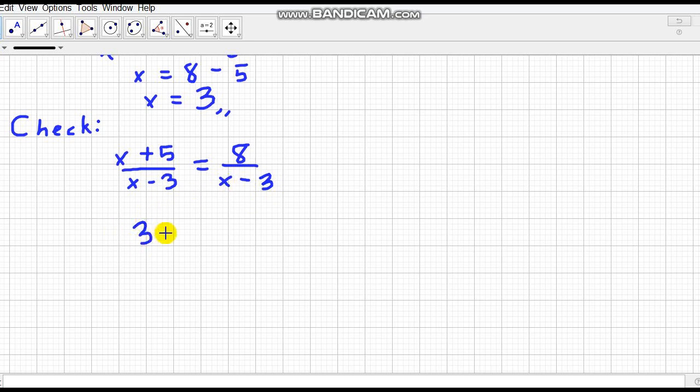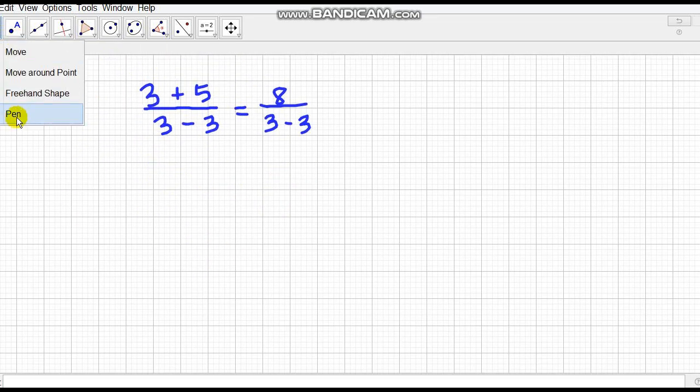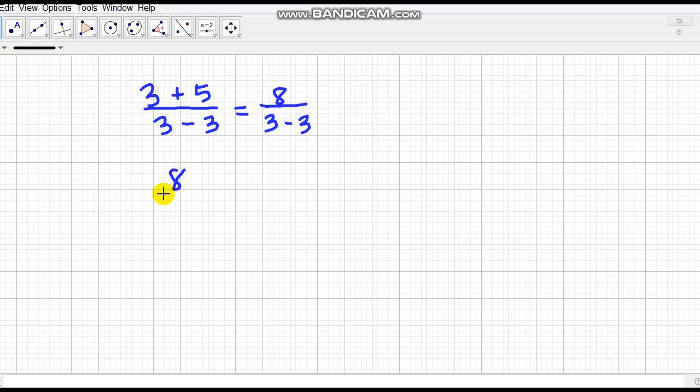So this becomes 3 plus 5 all over 3 minus 3 is equal to 8 over 3 minus 3. 3 plus 5 is 8, and 3 minus 3 is 0. So we arrive at 8 over 0 is equal to 8 over 0.